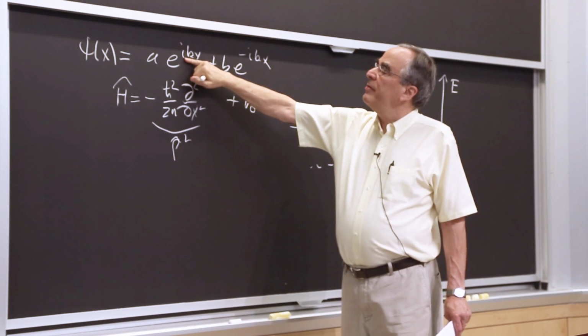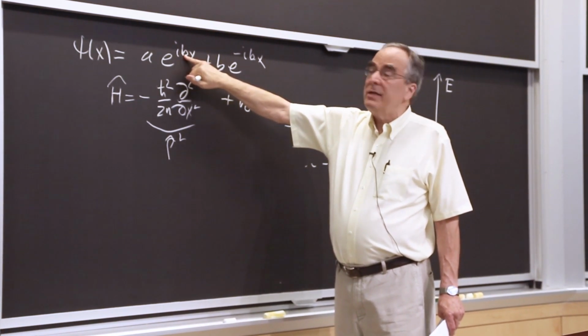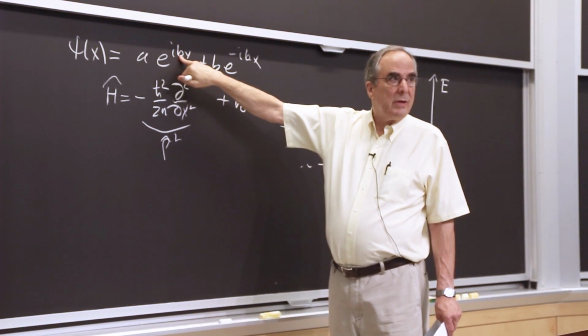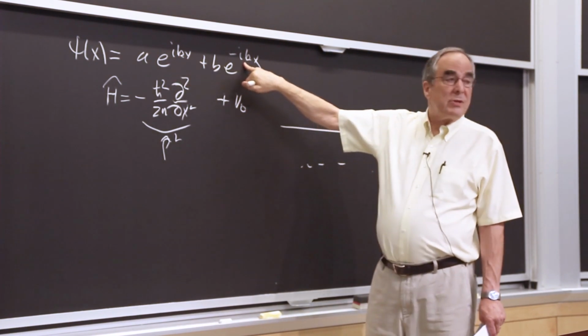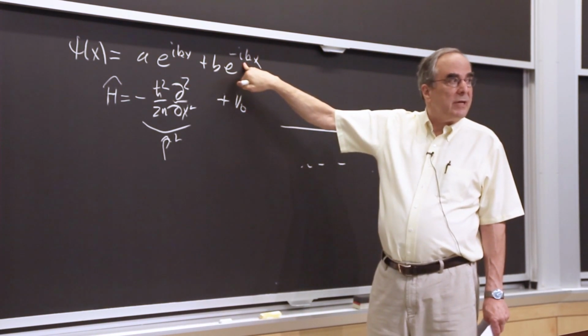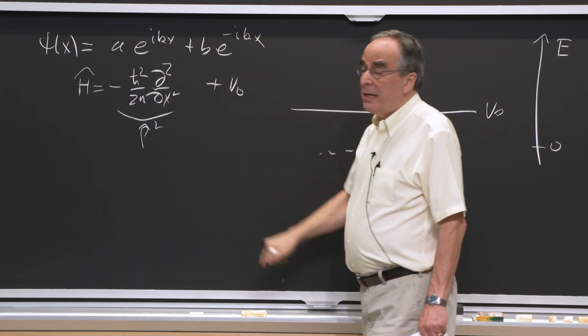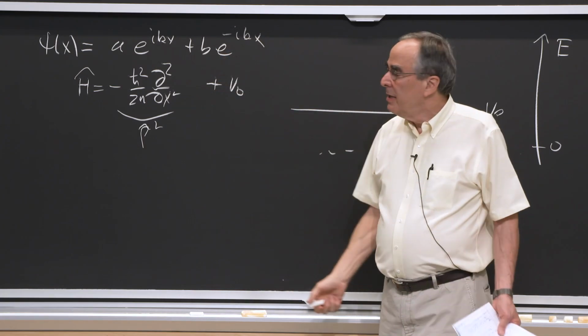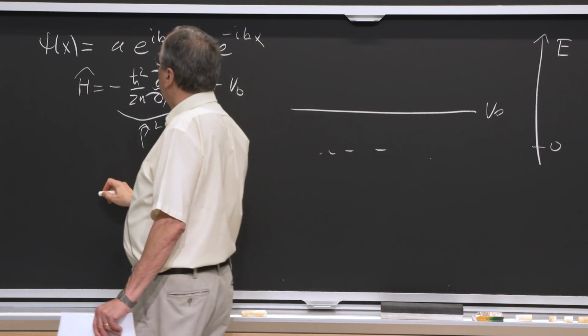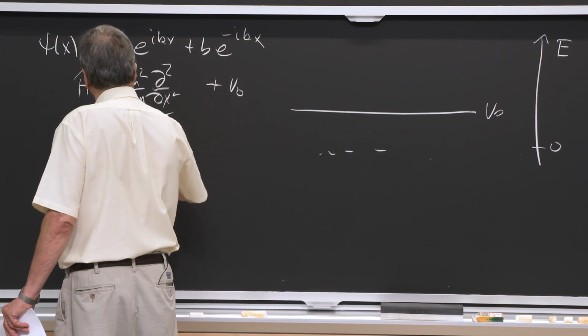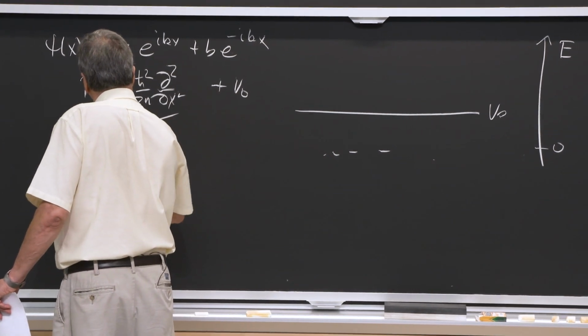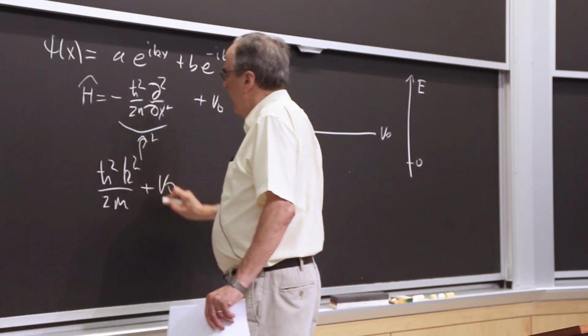The second derivative of this term brings down a minus k squared, and the second derivative of this term brings down a minus k squared. So the energy eigenvalues are going to be given by h bar squared k squared over 2m plus V0.